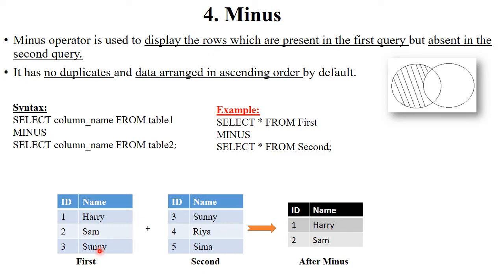Here Sunny is present in the second table, so it returns only the data that is absent from the second table. So Harry and Sam are not present in the second table, right? So it generates the result set after applying the minus operator like this, Harry and Sam, meaning the data present in the first table and absent in the second table. Clear? So this is called the minus operator.